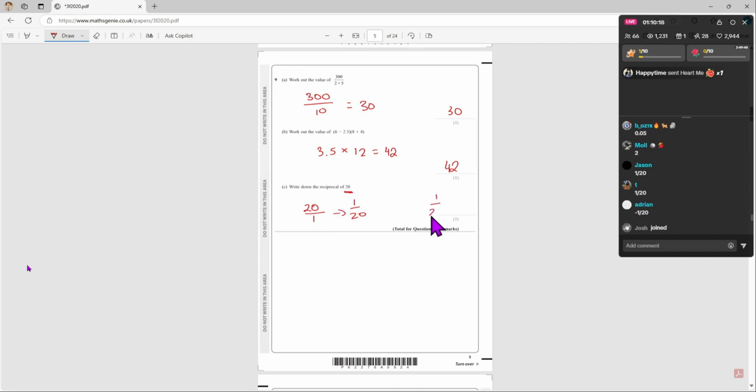Or you can also write 0.05. It is not minus 1 over 20. It is not the negative reciprocal. It is only the reciprocal. So the answer is 1 over 20, or 0.05 if you write it as a decimal. That page was worth 3 marks.